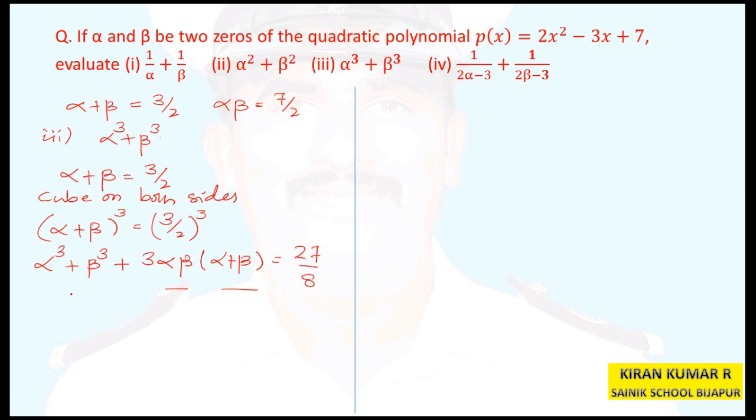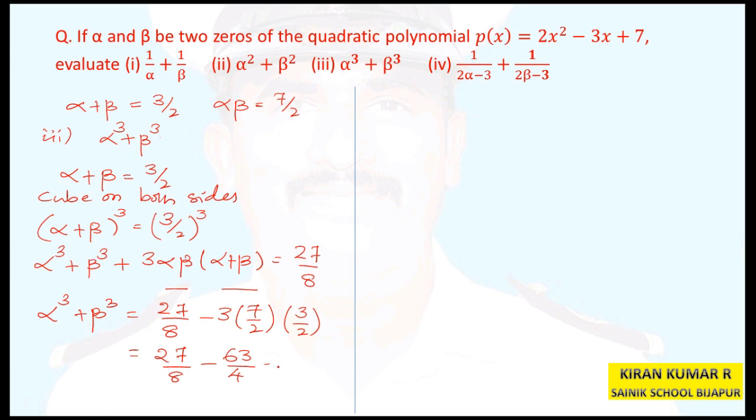I'll transpose it. I'll be getting alpha cube plus beta cube as 27 upon 8 minus 3 times, instead of alpha beta, I need to write 7 upon 2. Instead of alpha plus beta, I have to substitute 3 upon 2. Simplify this further, we'll be having 27 upon 8 minus 7 times 3 is 21, multiplied by 3 is 63 upon 4.